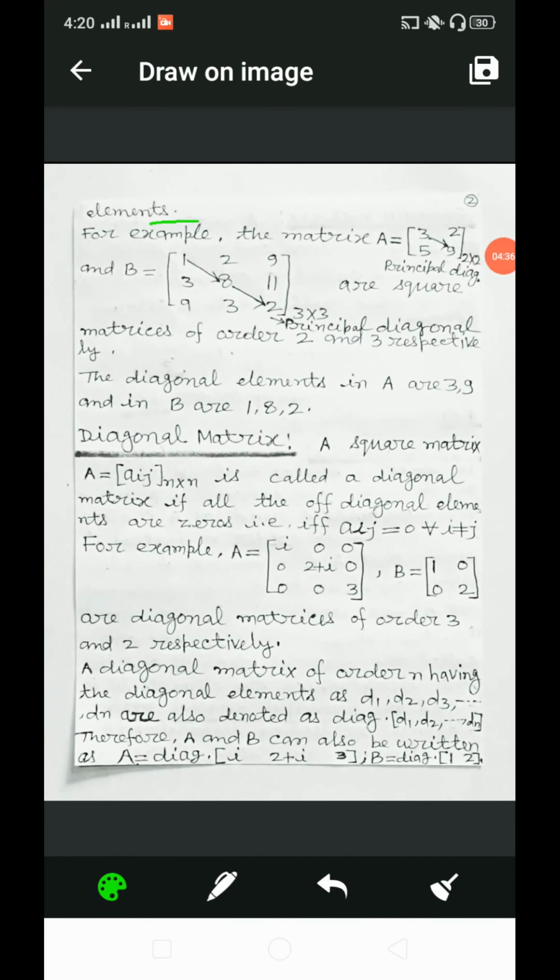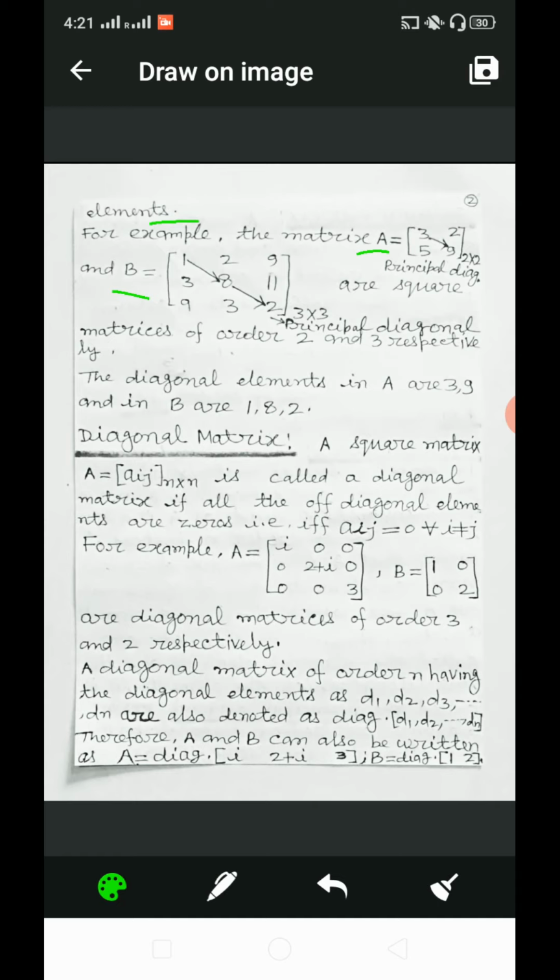Here the example is the matrix A equal to 3, 2, 5, 9 of order 2 and square matrix B equal to 1, 2, 9, 3, 8, 11, 9, 3, 2. Here the order of this square matrix is 3.